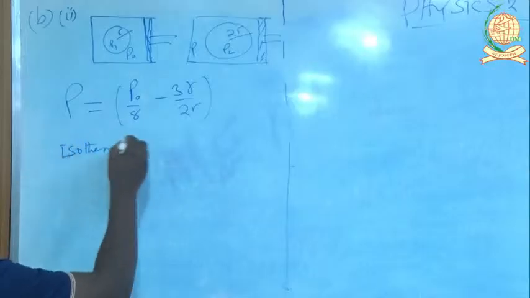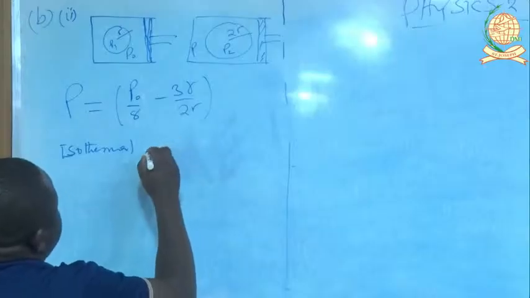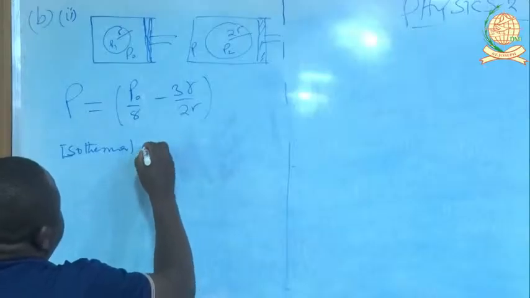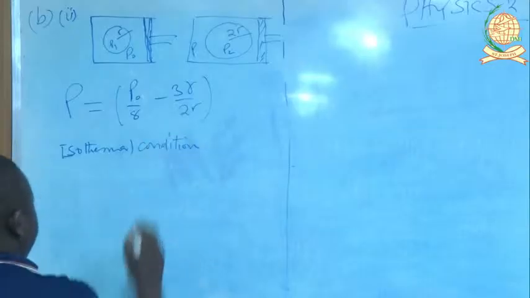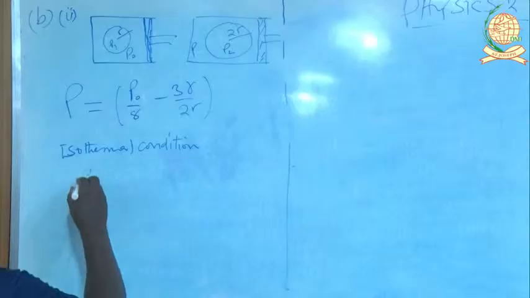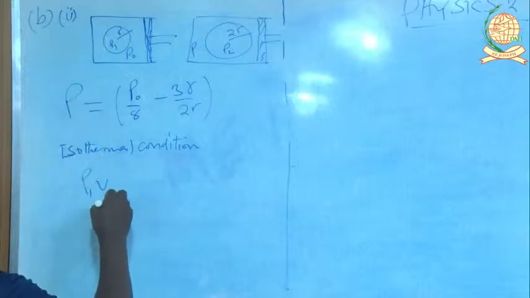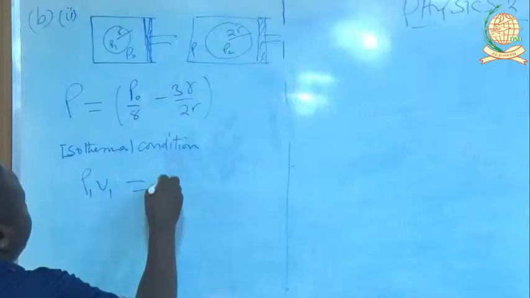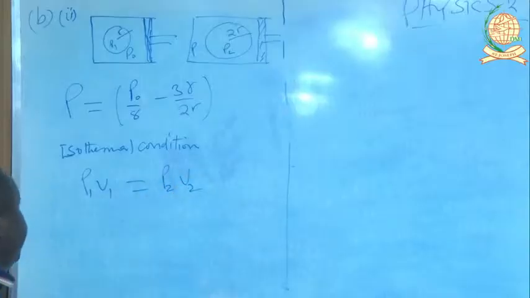For isothermal condition, we know that the pressure inside the first bubble times its volume will be equal to the pressure inside the second bubble times its volume.